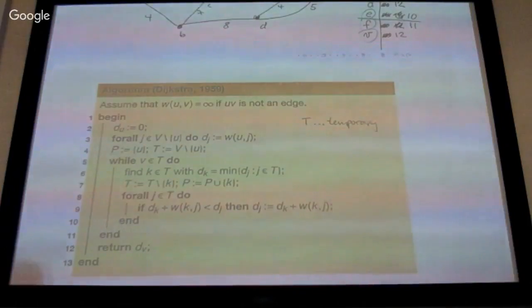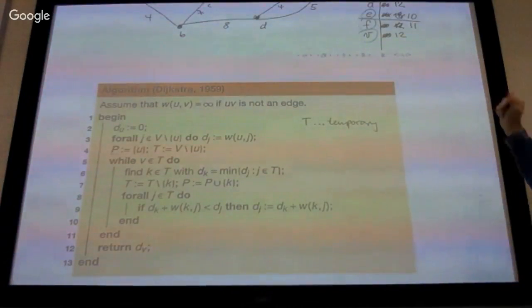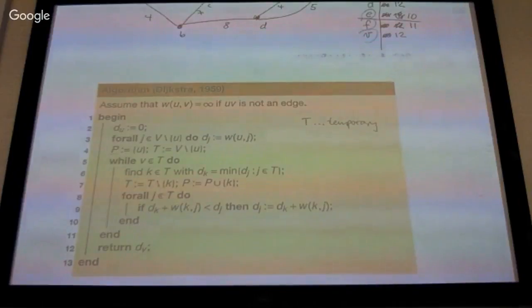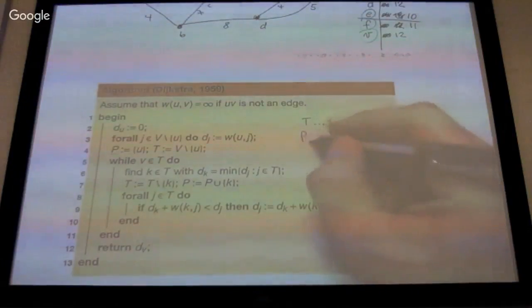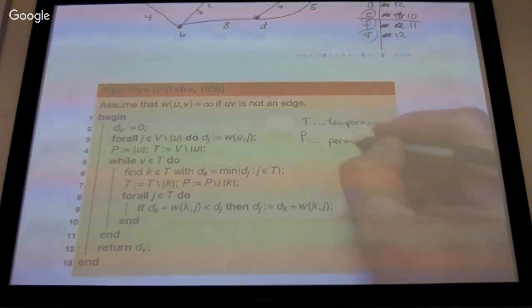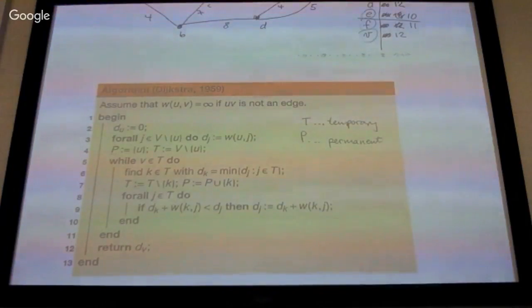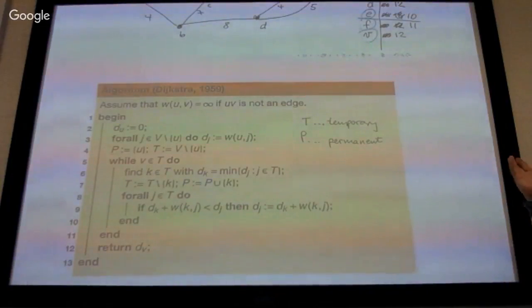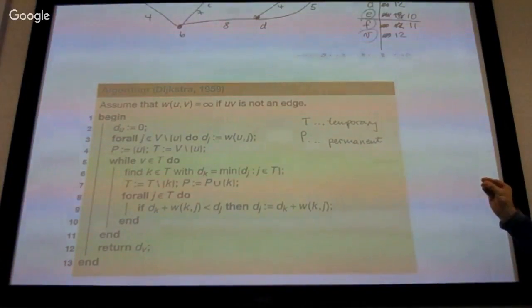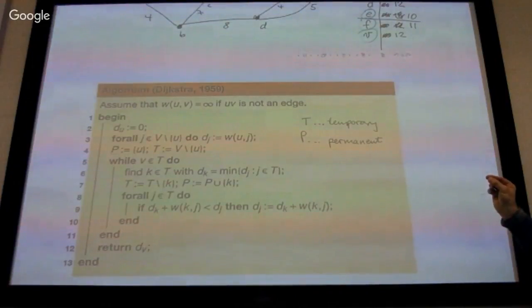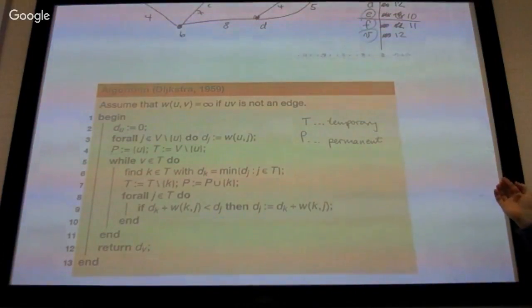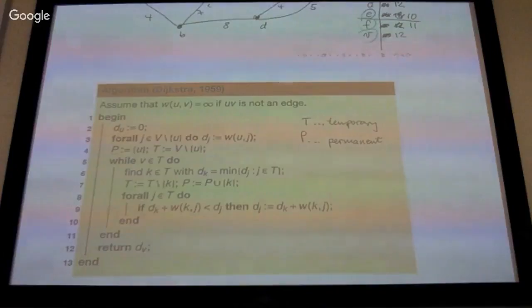It means the distance they have assigned can still change. Whereas P is the set of permanent vertices, so they can't change anymore. The way it works is I always find the smallest temporary vertex, which is closest to you, make it permanent, and look at its neighbors, whether I can get there faster from where I am.